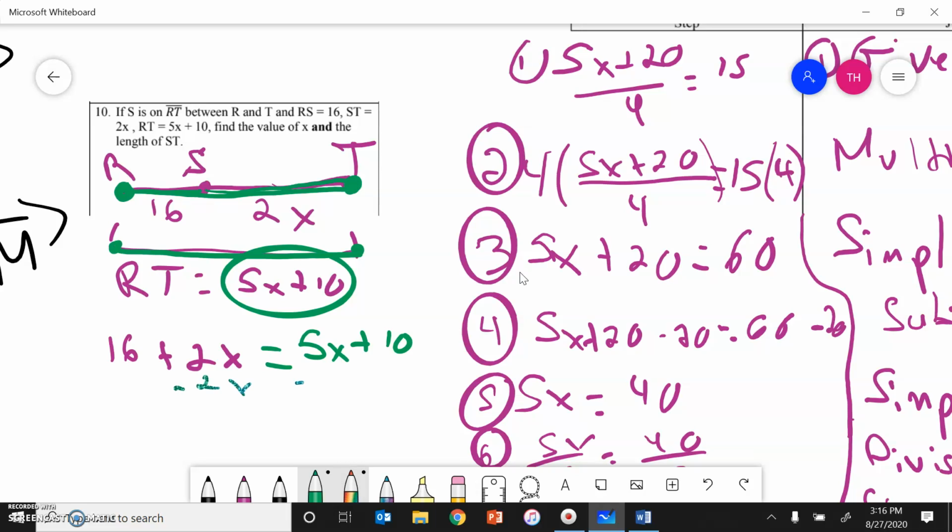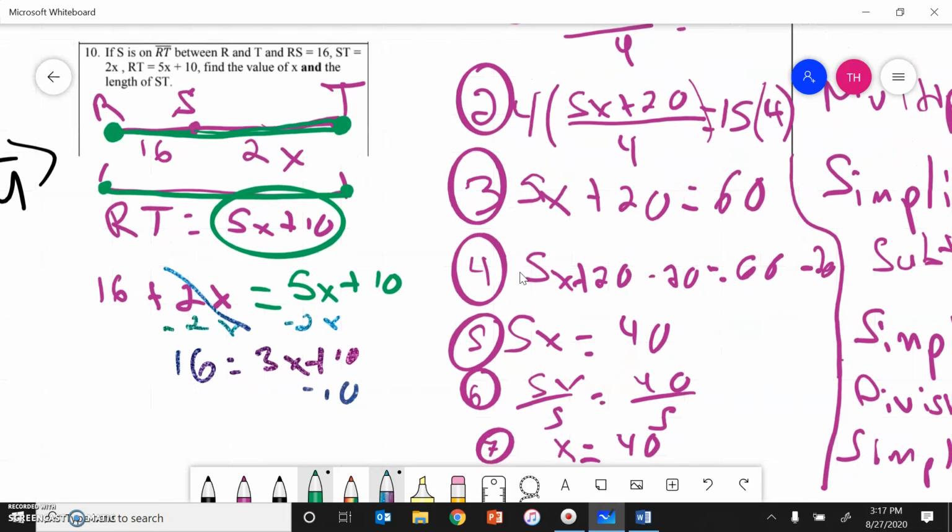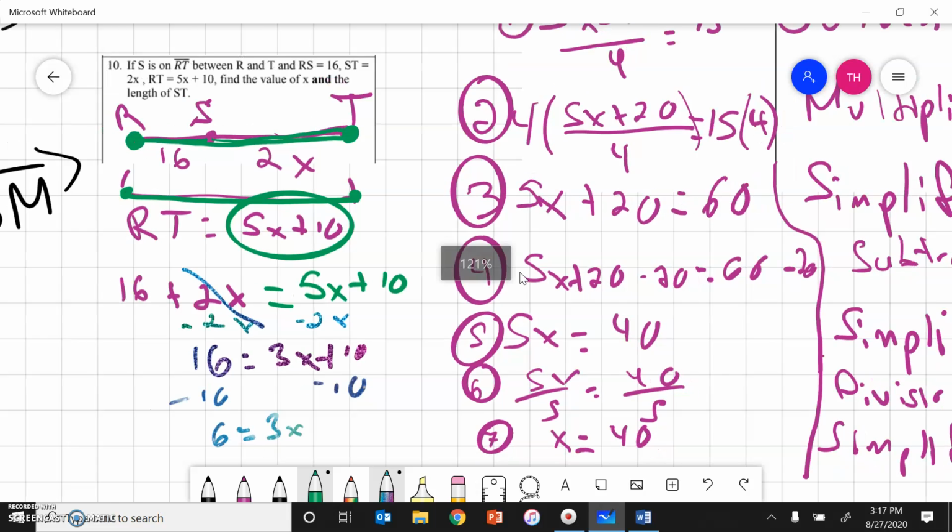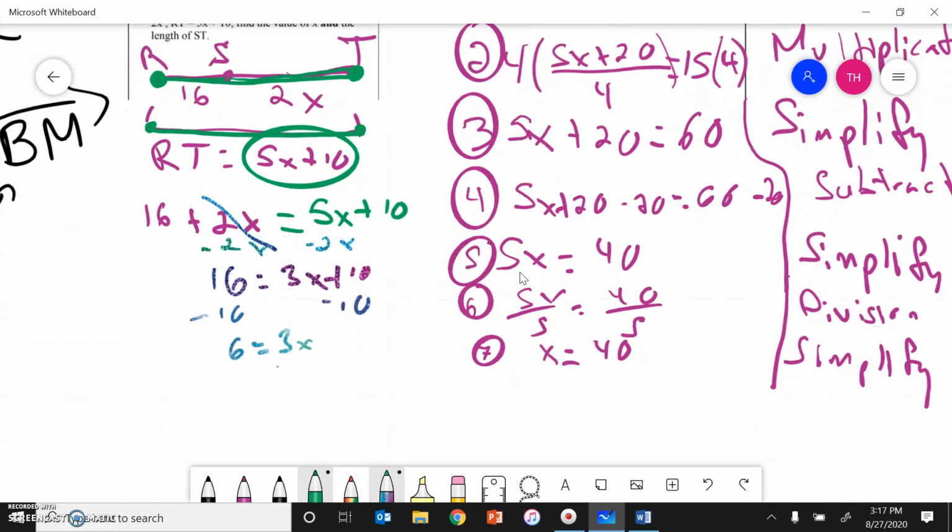Subtract 2x, subtract 2x. 16 equals 3x plus 10. And then we would go ahead and subtract 10, subtract 10. 6 equals 3x. And then divide by 3, divide by 3, and x equals 2.